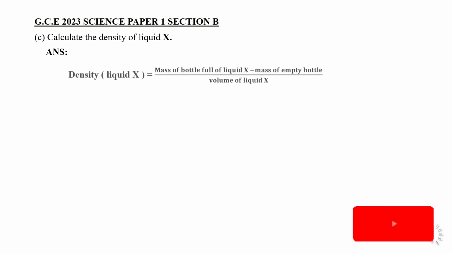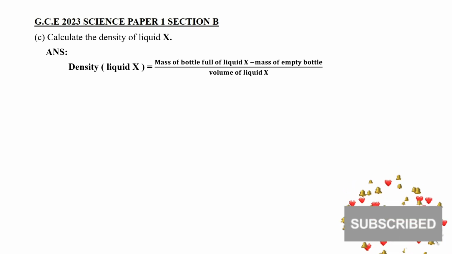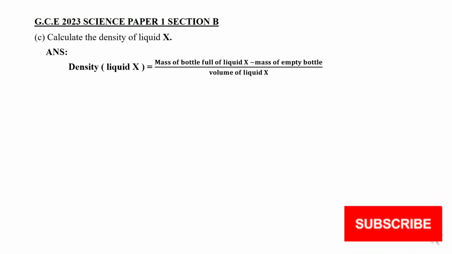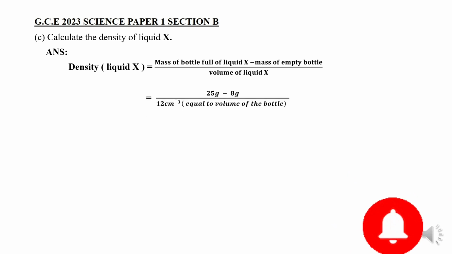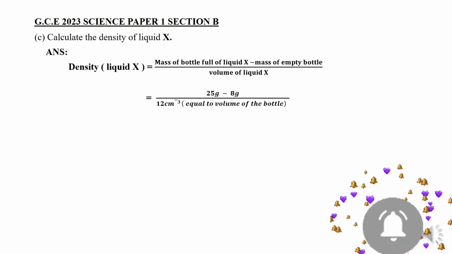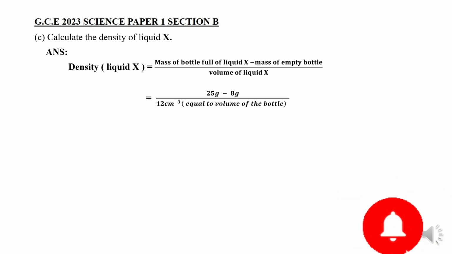Then the other one is we calculate the density of the liquid. In order to get the density of the liquid, we have to say mass of the bottle full of liquid X minus mass of the empty bottle divided by the volume of liquid X. Mass of the bottle full of liquid X is 25 grams minus mass of the empty bottle, which is 8 grams, divided by the volume of the liquid, which is 12 cubic centimeters.